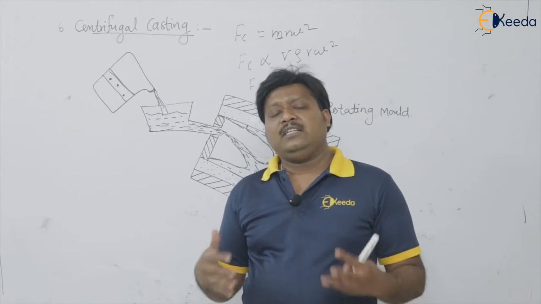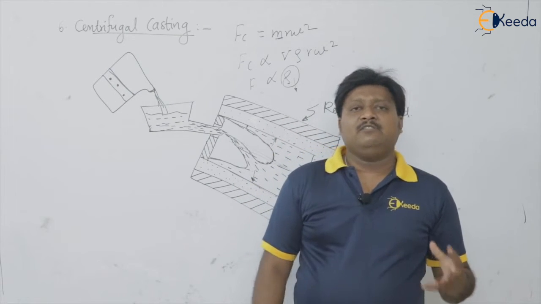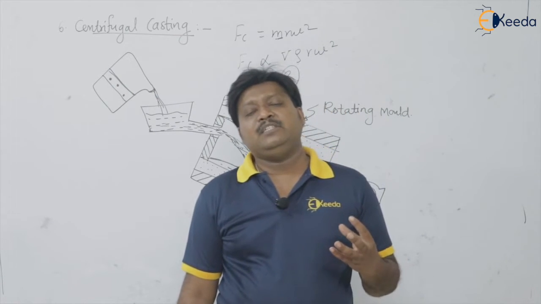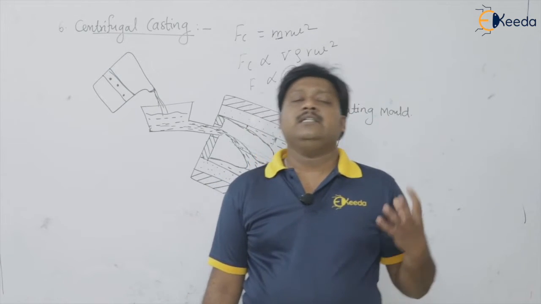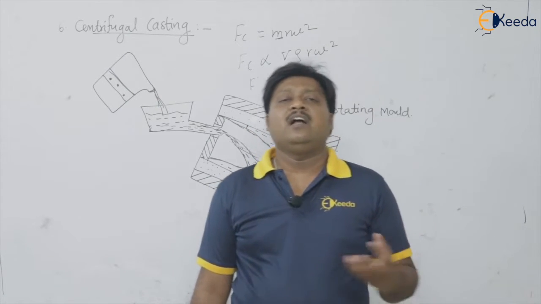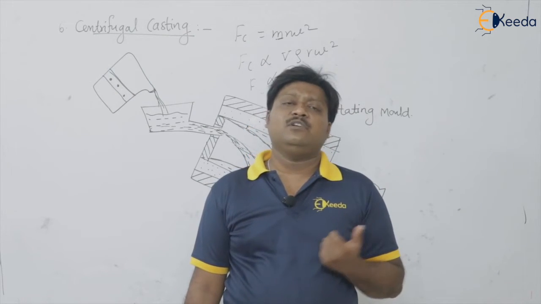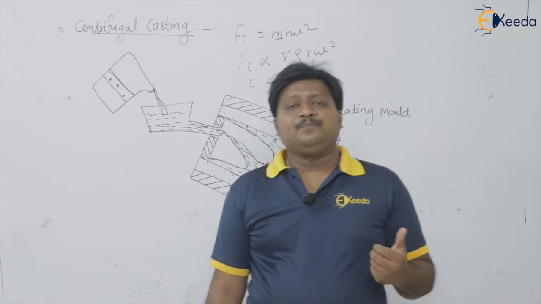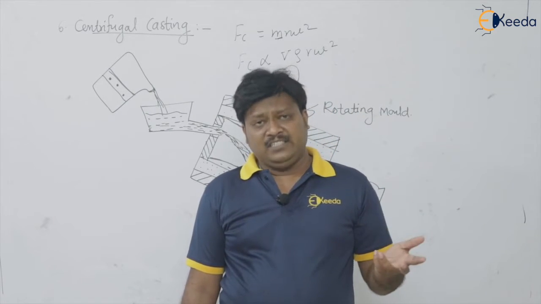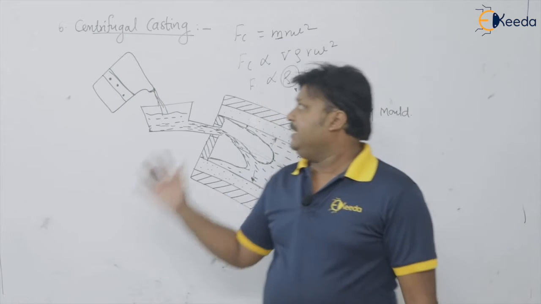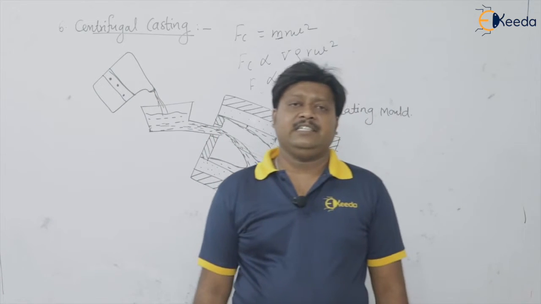Another application is the LSB. LSB means large size bearings. The inner and outer rings of large size bearings are also made by this centrifugal casting technique. We can even produce washers, bushes, pulleys and wheels by the centrifugal casting technique.